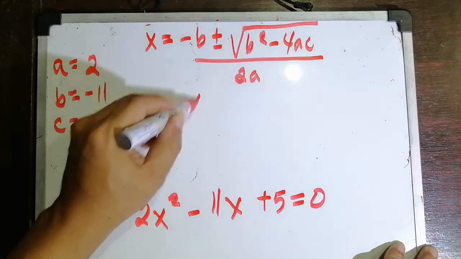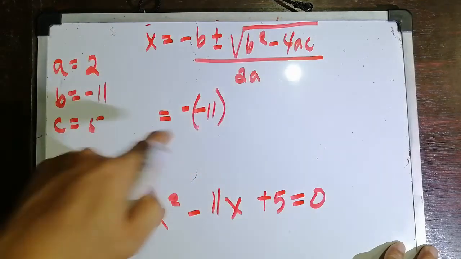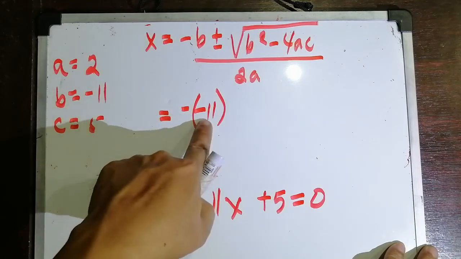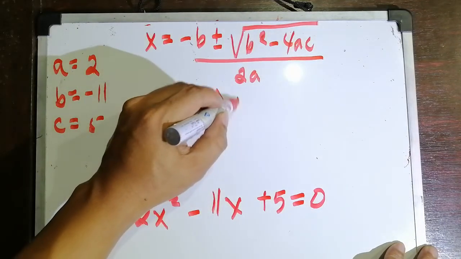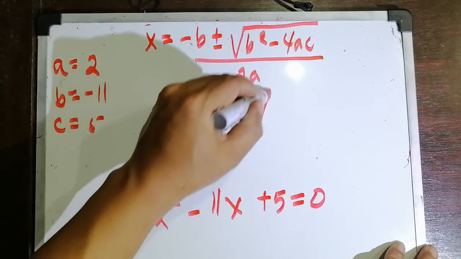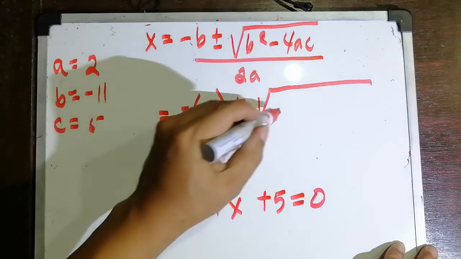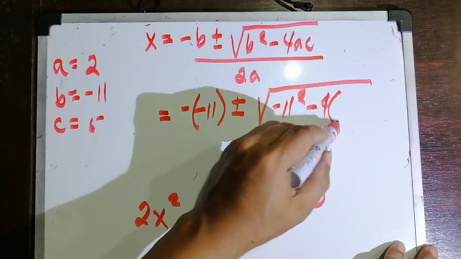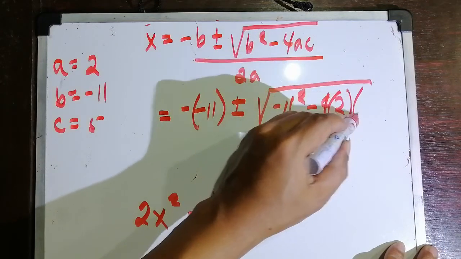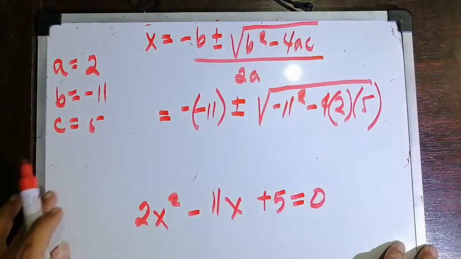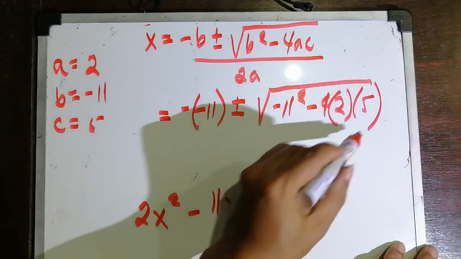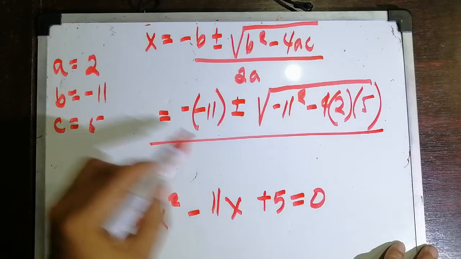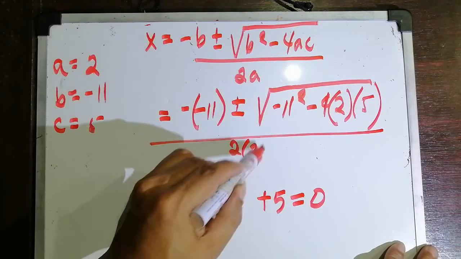So, negative of negative 11. Huwag yung tatanggalin yung negative agad doon. Sabihin natin yung negative 11 kaya may nakasulat na negative 11 pa din. Plus or minus b square. So, negative 11 square minus 4 times a is 2 times c is 5. Okay? Over 2 times a, or a is 2. So, 2 times 2.